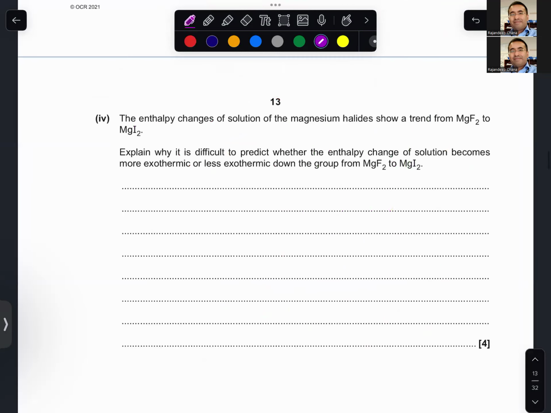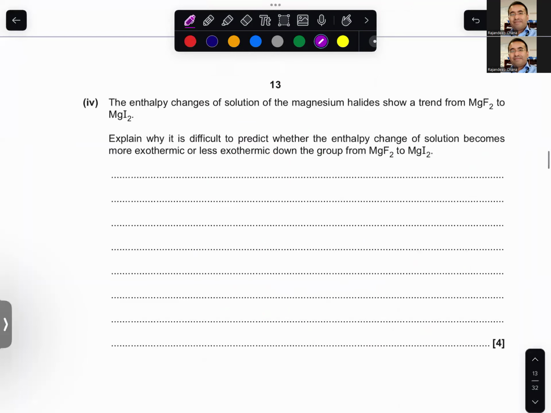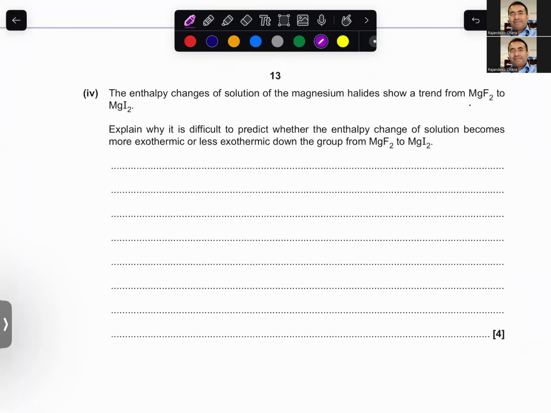Last question, the enthalpy change of solution of magnesium halides, from MgF2 to MgI2. Explain why it is difficult to predict whether the enthalpy change of solution becomes more exothermic or less exothermic down the group. Because magnesium ions stay the same, we're not really comparing magnesium.